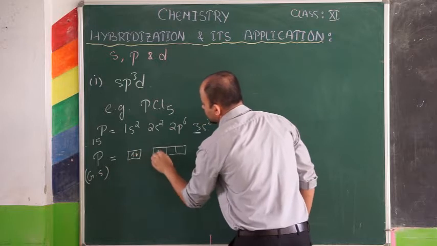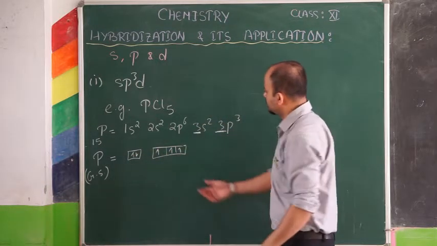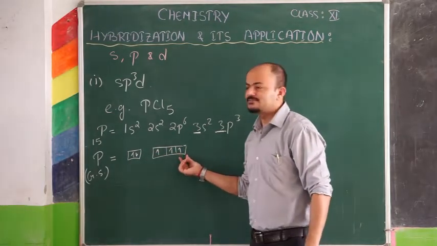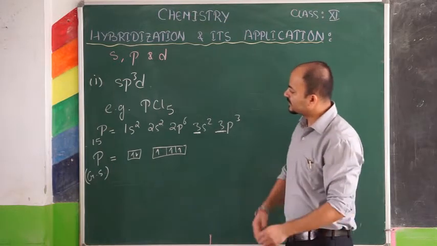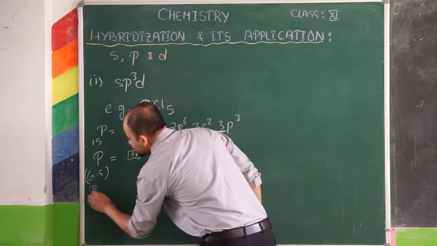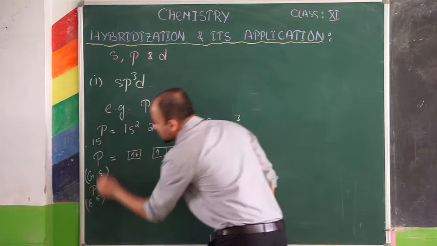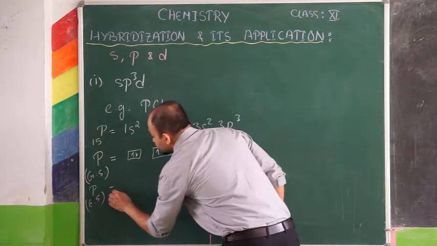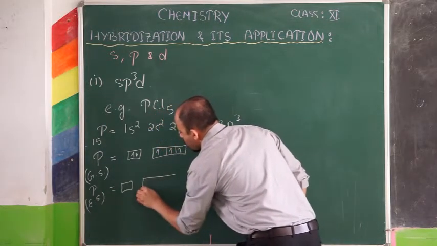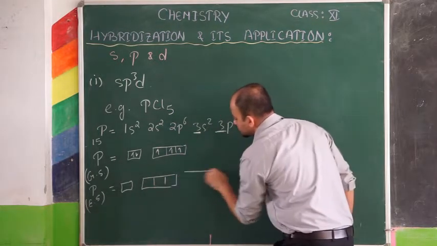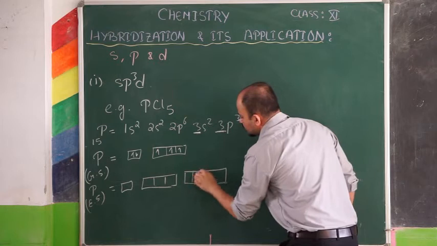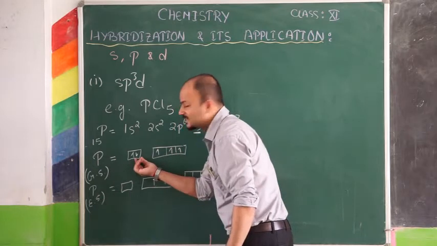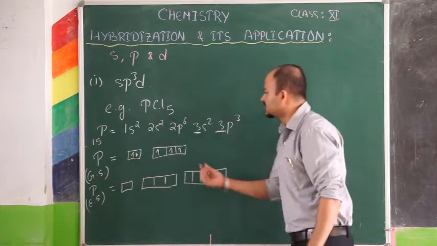Here in the electronic configuration, in the s orbital you have 2 electrons and in the p orbital you have 3 electrons. They have to be singly filled first. Okay, so whenever it gets excited, what happens? Since phosphorus lies in the third period, it contains vacant d orbitals. One, two, three, four, five. Whenever it is in the excited state, one electron from the paired 3s orbital is shifted to the d orbital.